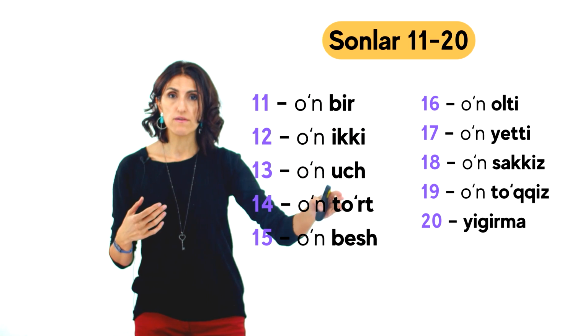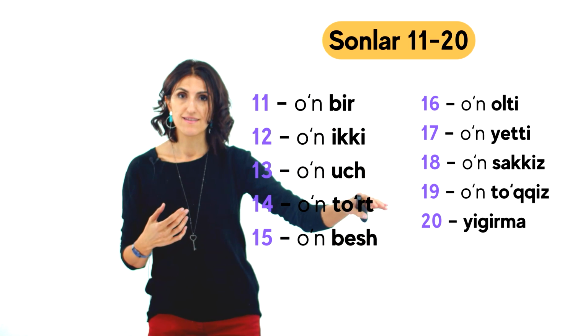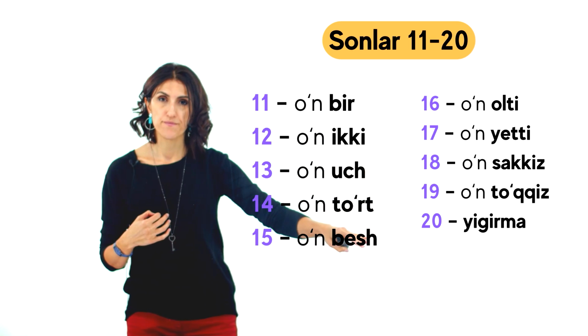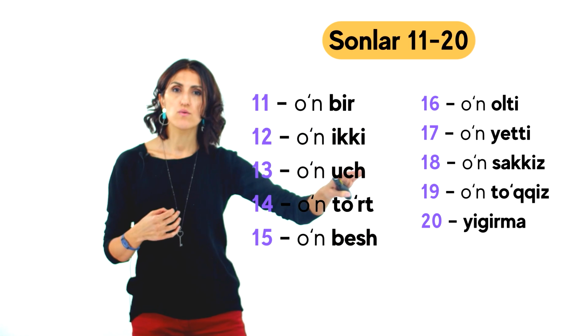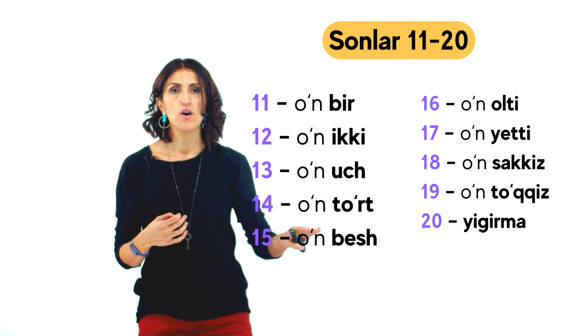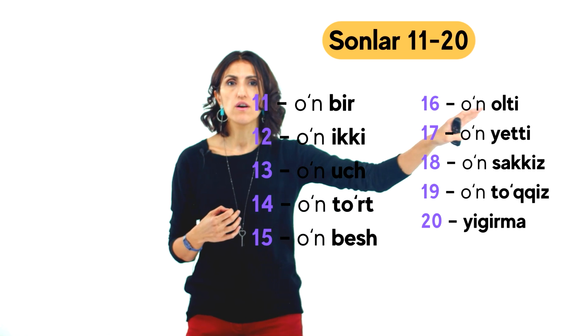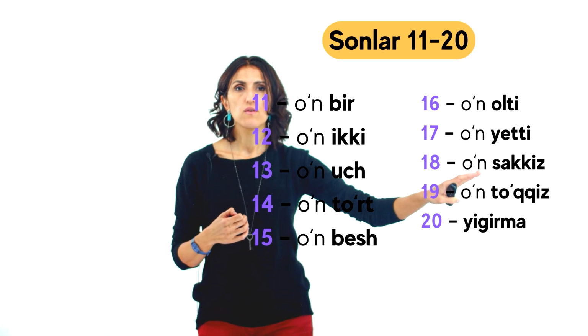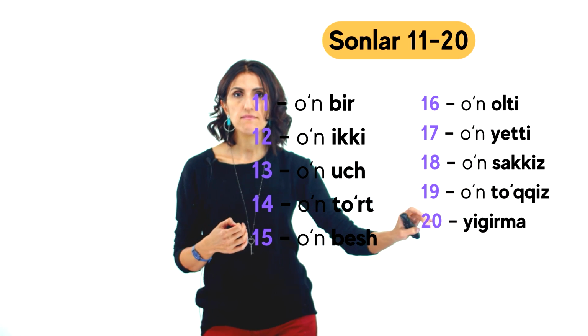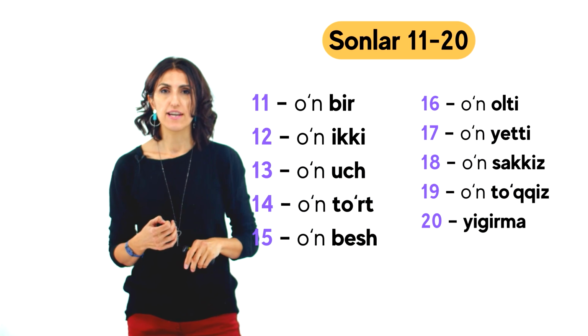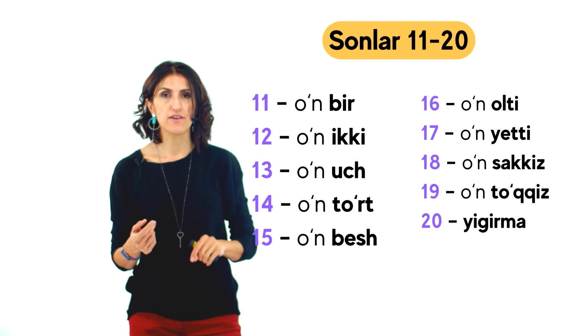And then 1, 2, 3, 4, 5, 6, 7, 8, 9, 20. 20 is a different word. 11, 12, 13, 14, 15, 16, 17, 18, 19, 20. Okay? Let's do that together.